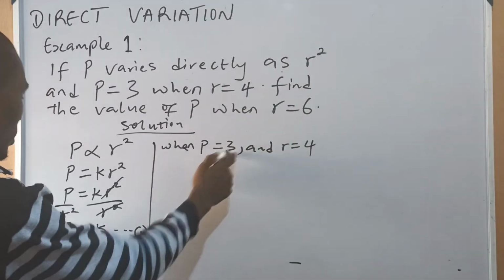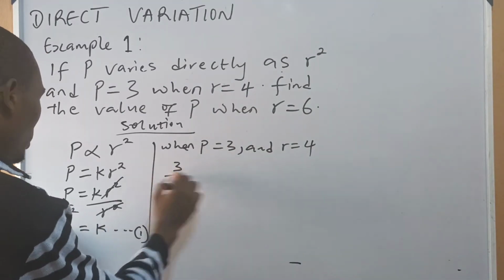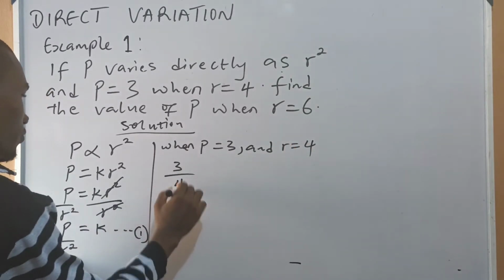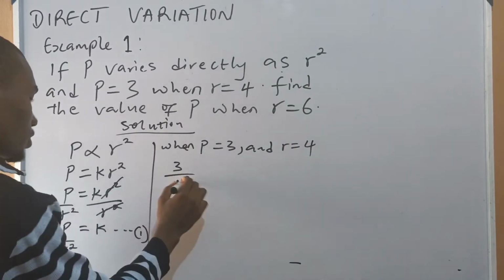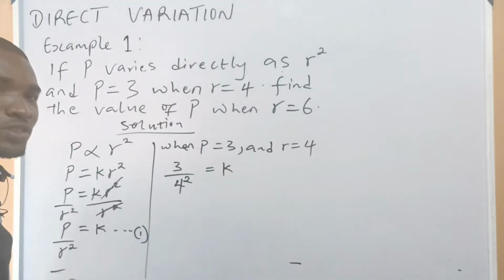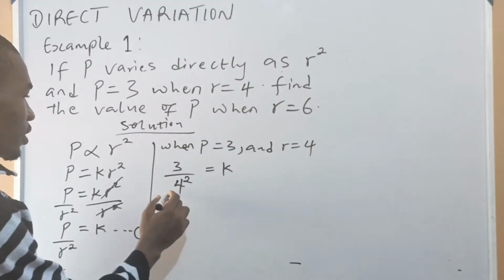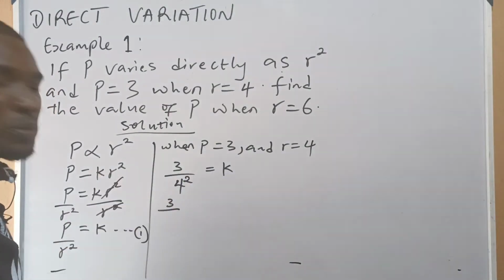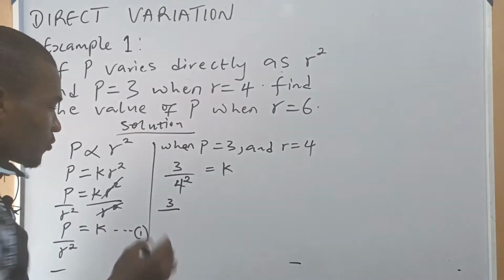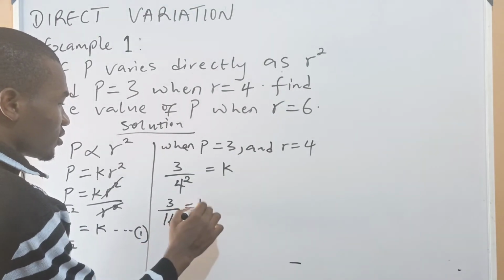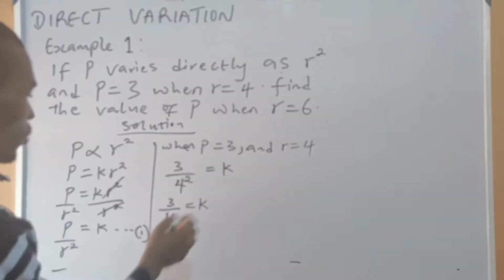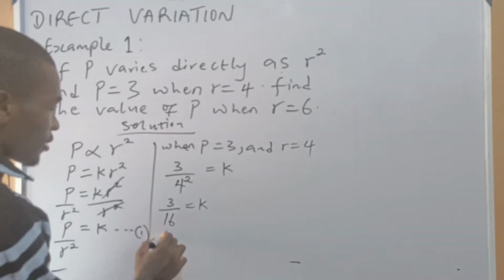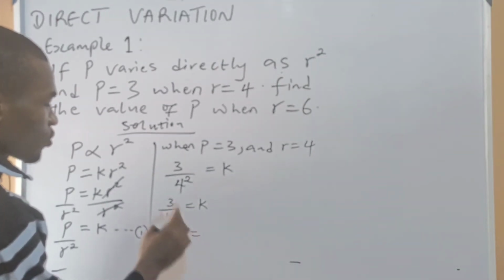P is already 3, then we replace P with 3, all over R is already 4, so we replace R with 4, then raised to power of 2, and that is equal to our constant K. So we have 3 over 4 raised to the power of 2, which means 4 multiplied by 4, and that will give us 16. So 3 over 16 is equal to K, such that when we cross multiply, we have 16K equal to 3.